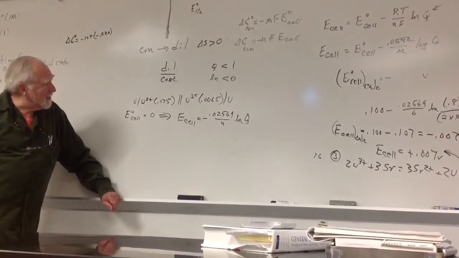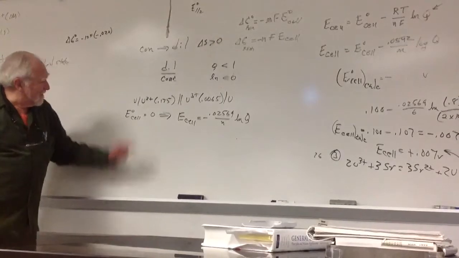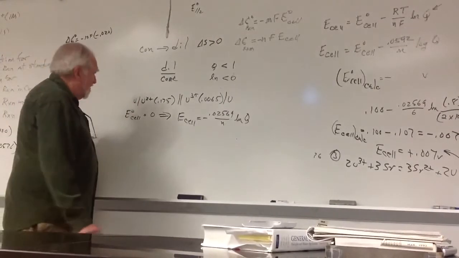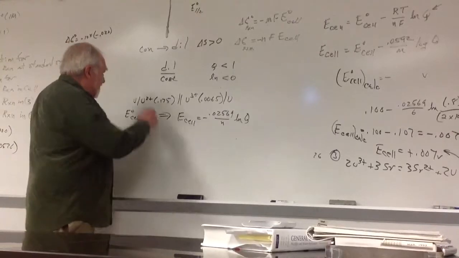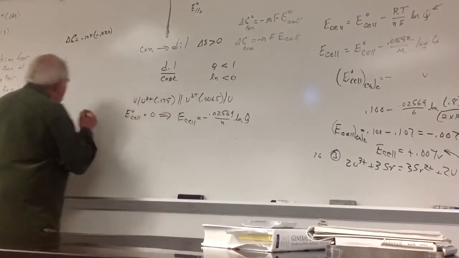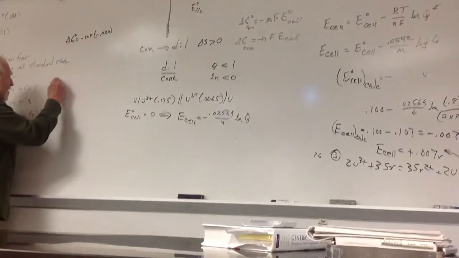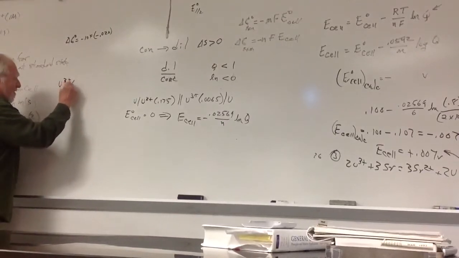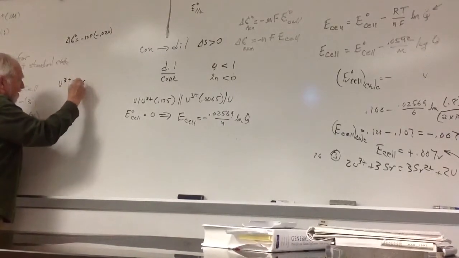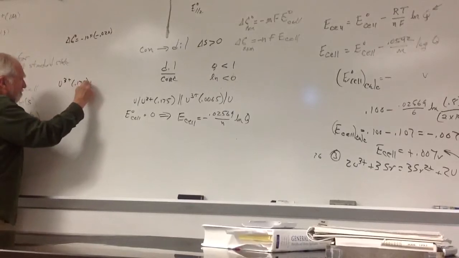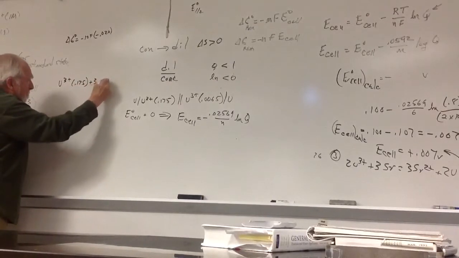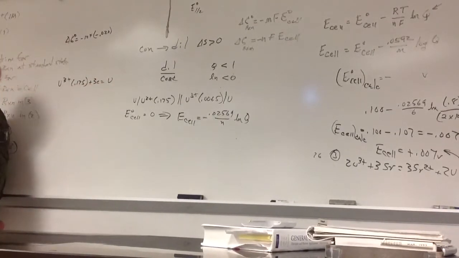Did I erase my cell? Oh, there it is. So this one's easy. First of all, you look at it, you say, here's one of the reactions. That is the half cell reaction. What's the other half cell reaction?